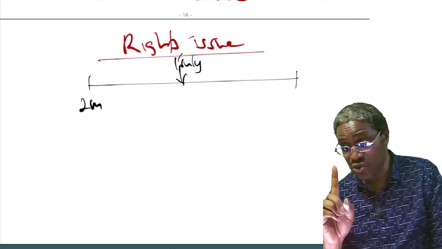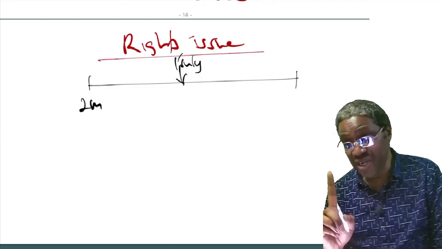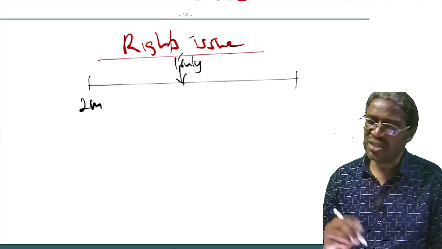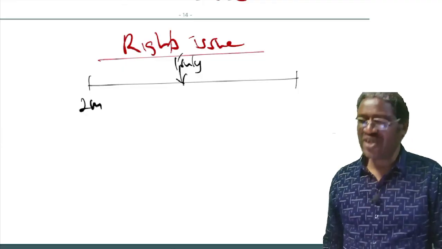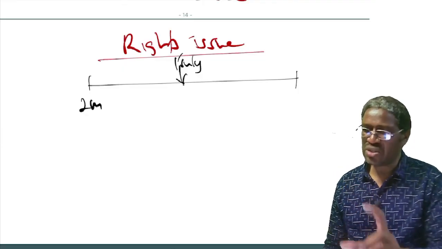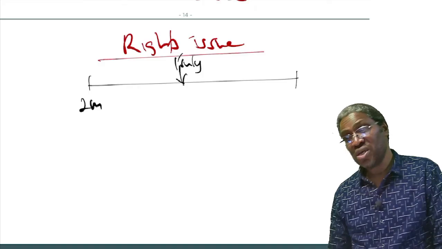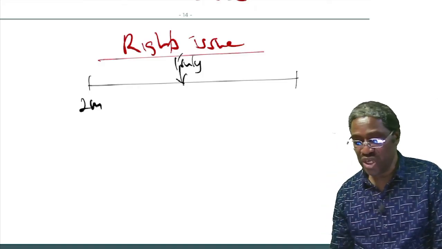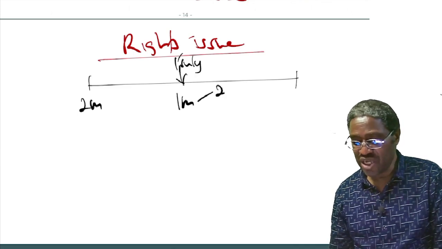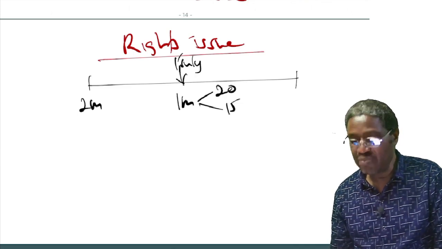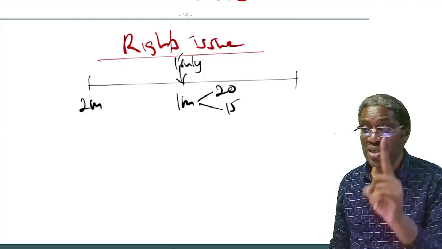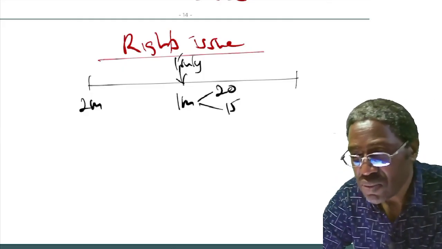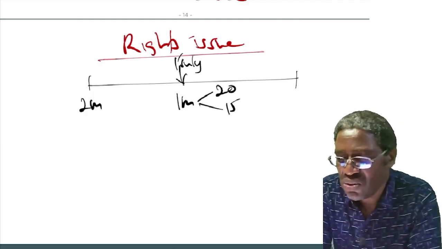Don't forget, it's a privilege given to existing shareholders to buy extra shares at a price below the market price. We issued 1 million shares. The market price was 20. We gave existing shareholders the privilege of buying them at 15. What is the rule?